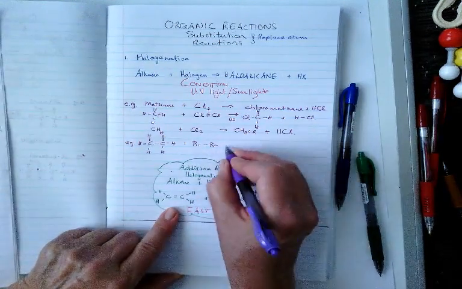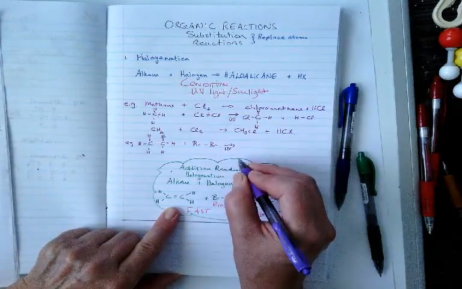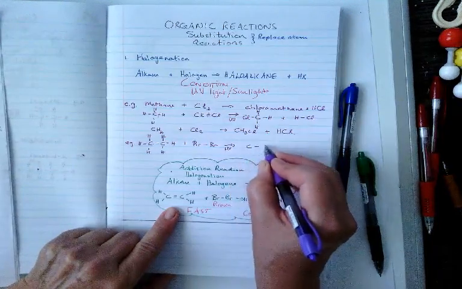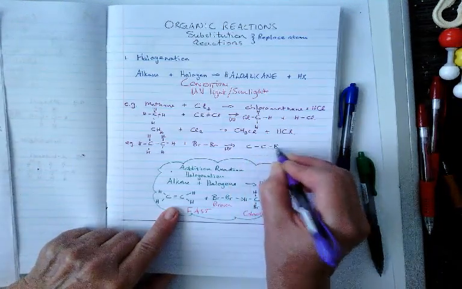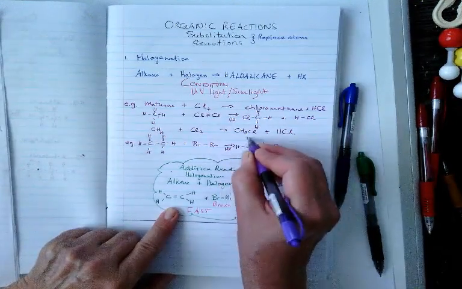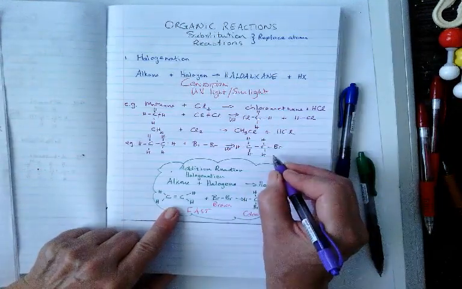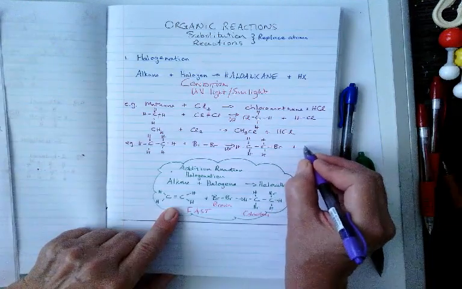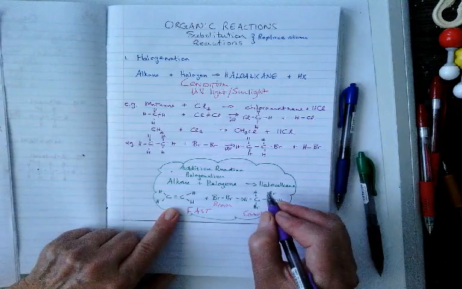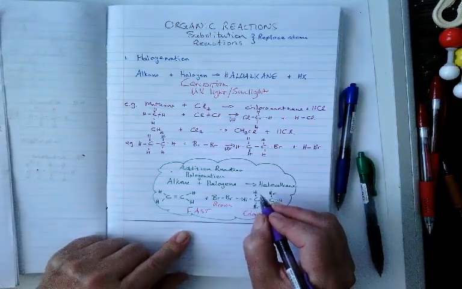This brown color will disappear over time if the mixture is left under UV light, and one of the hydrogens will break from the alkane to make bromoethane. In this case, you can say 1-bromoethane, and hydrogen will join up to the remaining bromine atom. So this is our first type of substitution reaction.